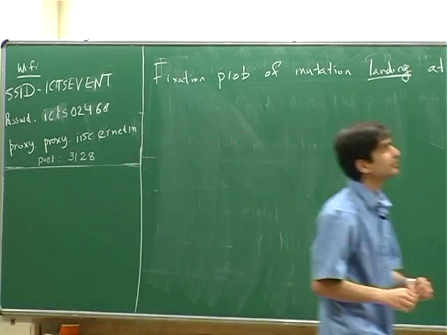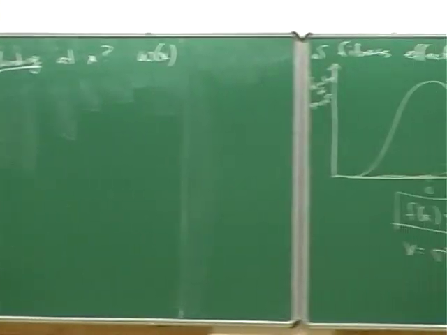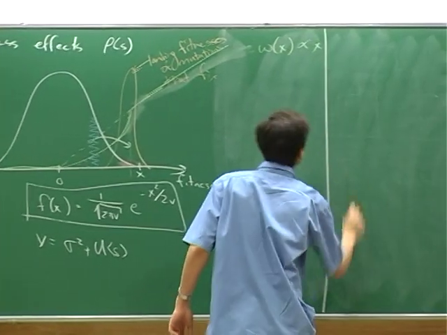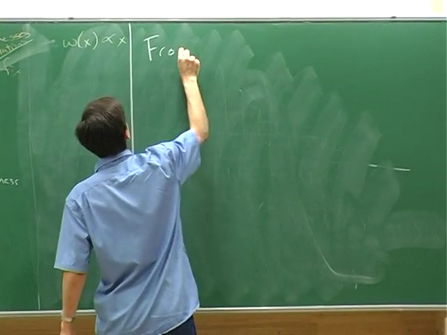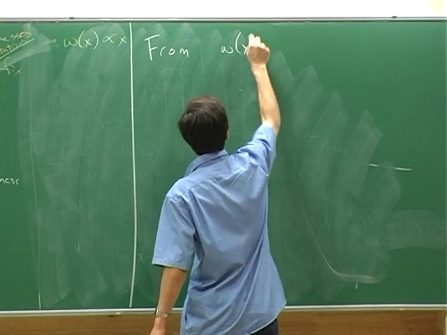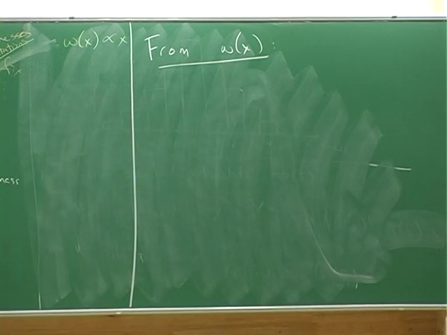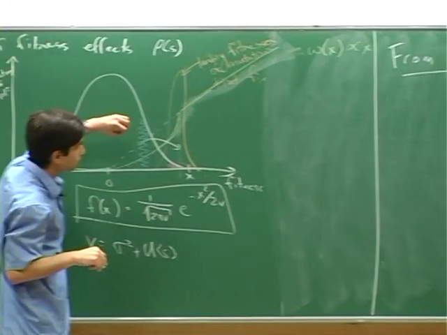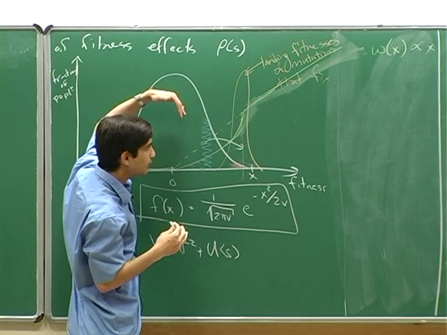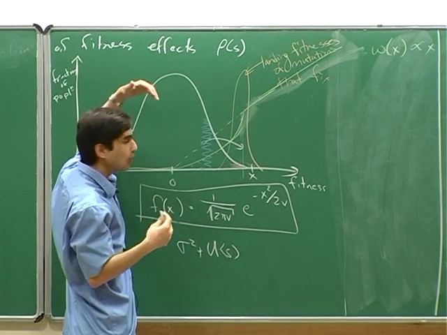So if we have W of x, what we can calculate is the fixation probability of a mutation with some arbitrary fitness effect.